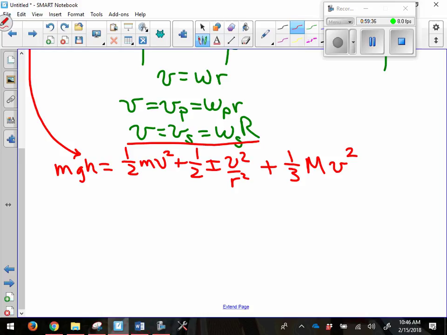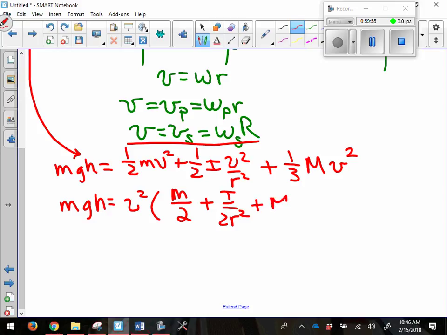So all you're really doing is solving for v. So of course, we're going to pull out a v squared. And we've got m over 2 plus I over 2r squared plus M over 3.